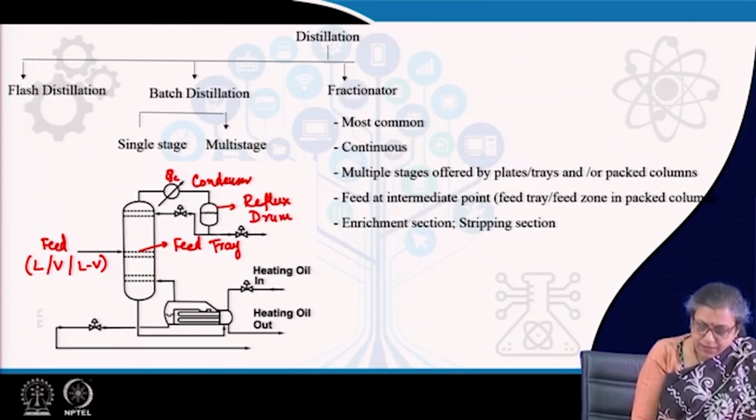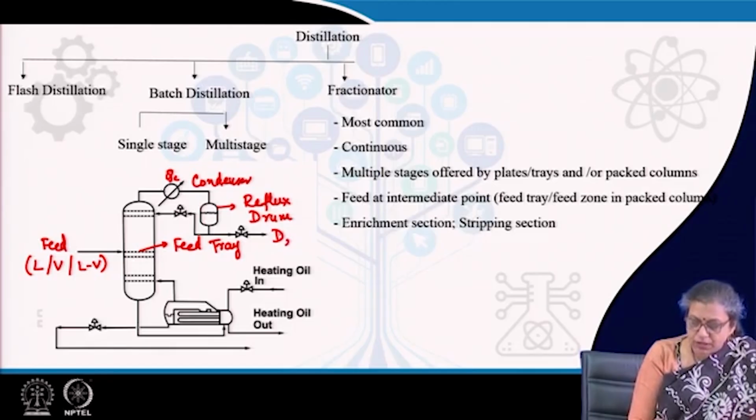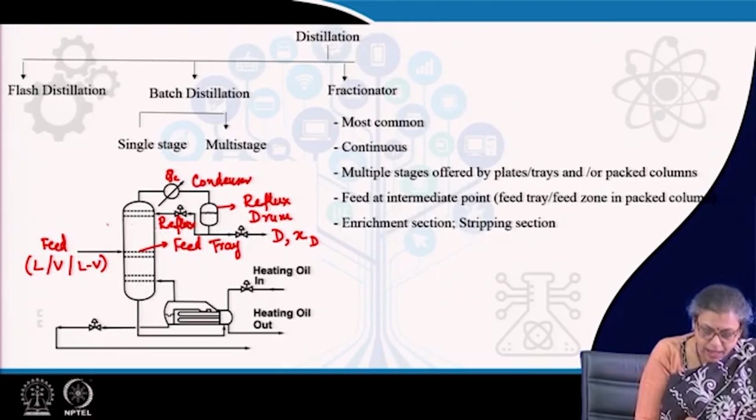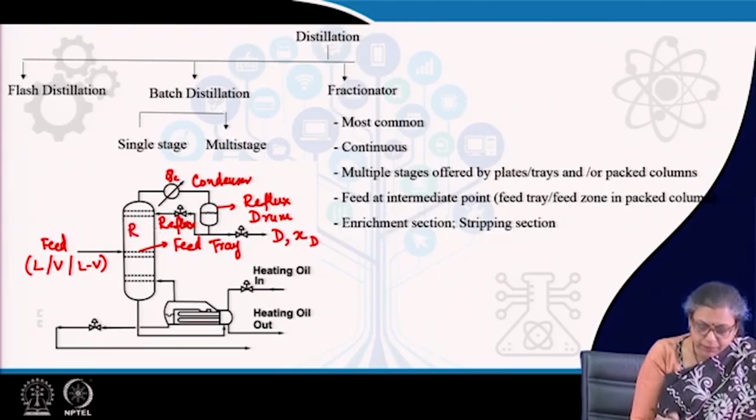From the reflux drum, a part of the product is drawn out, known as the distillate, with composition denoted by XD. Part of it is reintroduced into the column as reflux, denoted as R. The composition is the same.